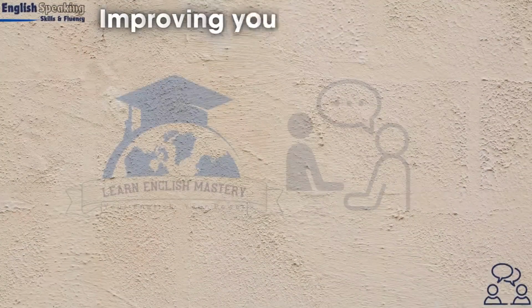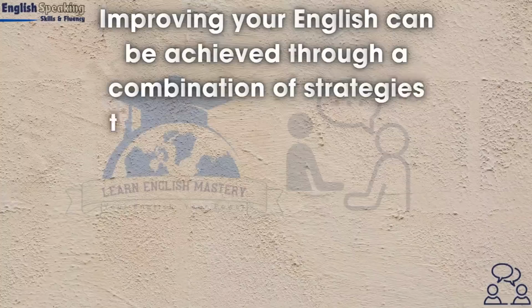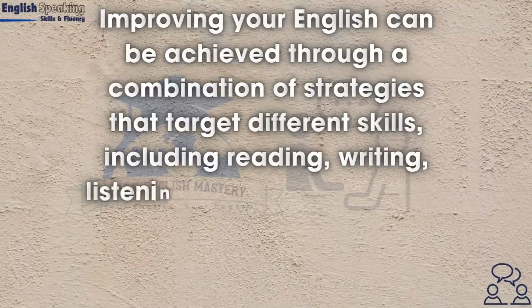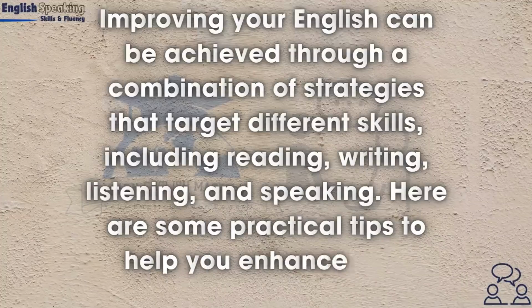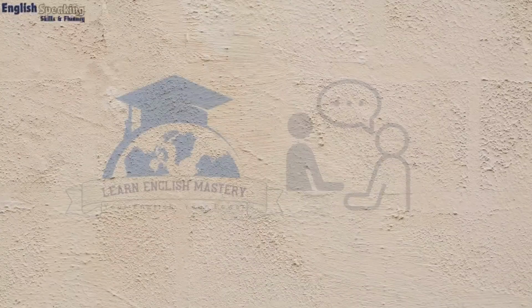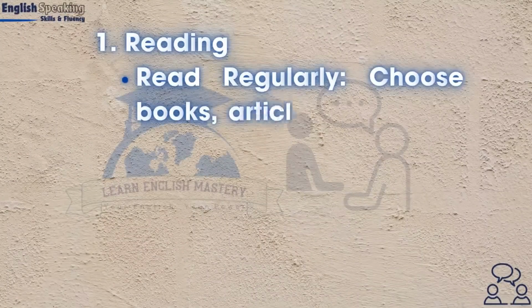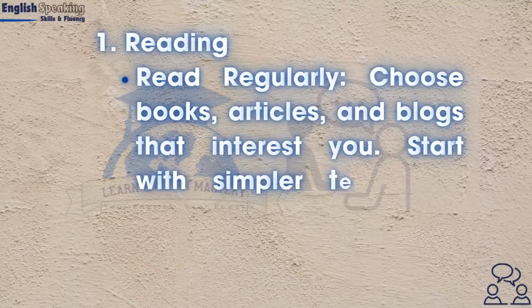Improving your English can be achieved through a combination of strategies that target different skills, including reading, writing, listening, and speaking. Here are some practical tips to help you enhance your proficiency. 1. Reading. Read regularly. Choose books, articles, and blogs that interest you.